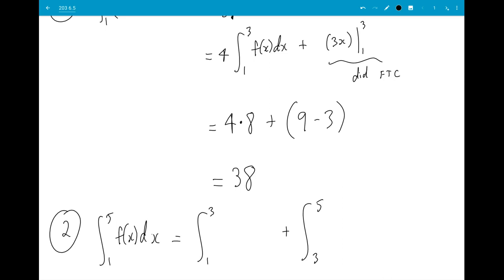Why did I choose the number 3? As long as I have the same number here and here, then this equal sign is true.